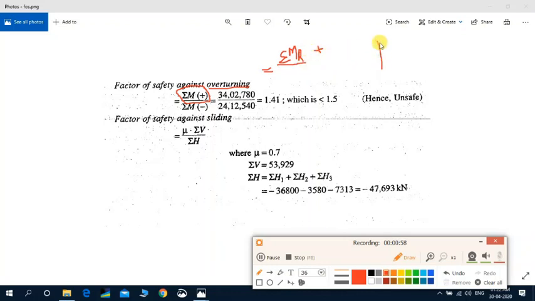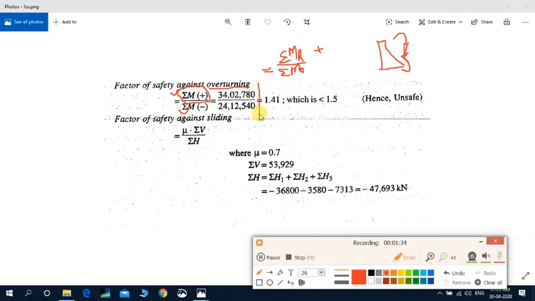Suppose this is a dam section and this is the toe. The moments which are anti-clockwise about the toe are the resisting moments, divided by the summation of overturning moments. Overturning moments are those which are trying to overturn the structure, so all the clockwise moments about the toe.